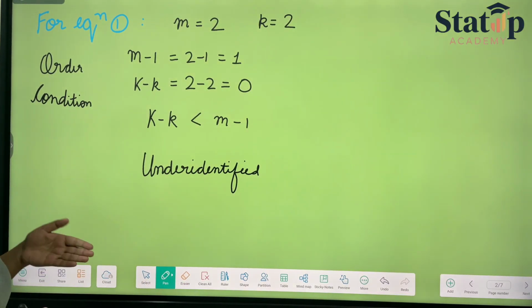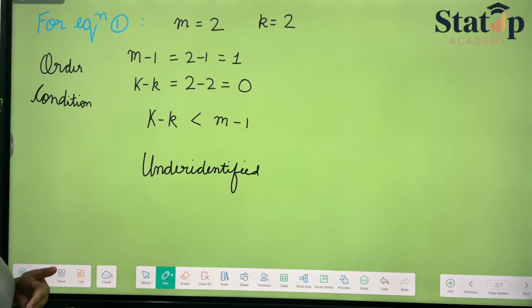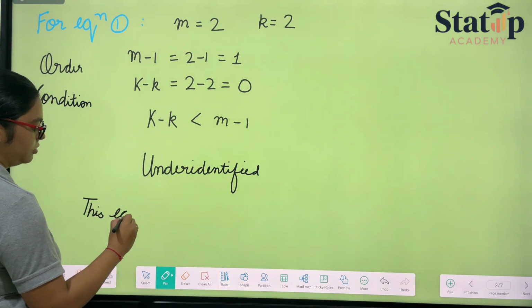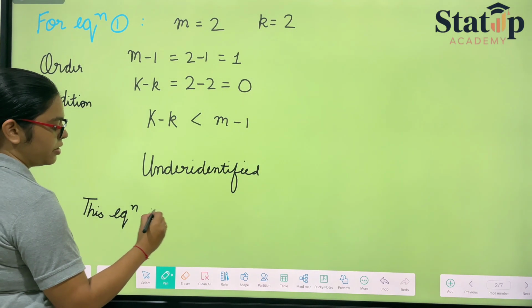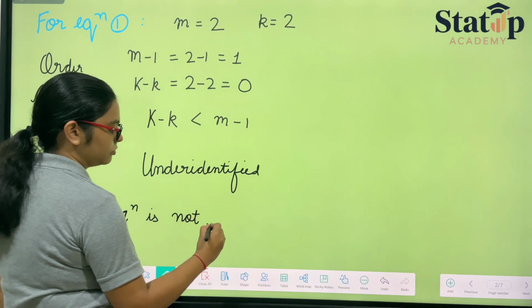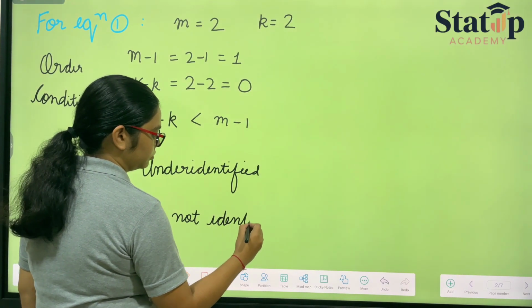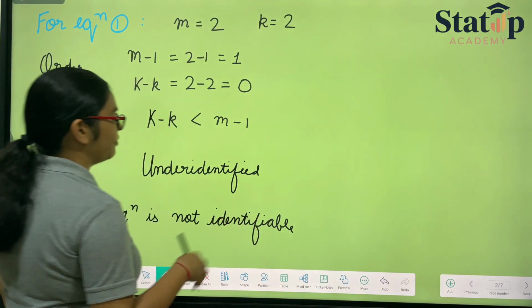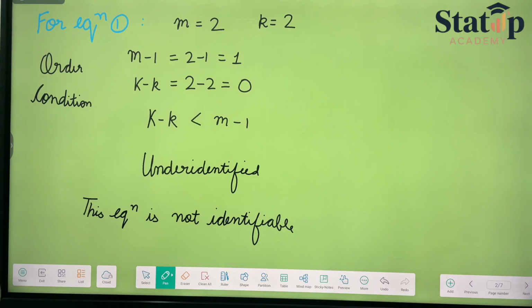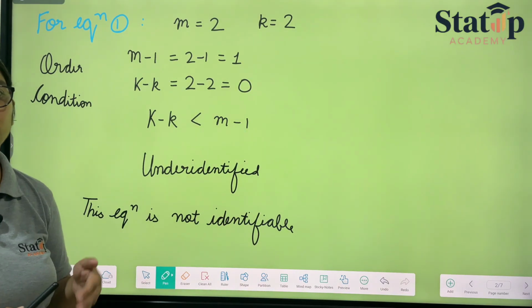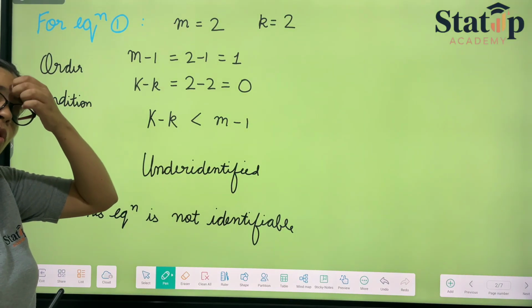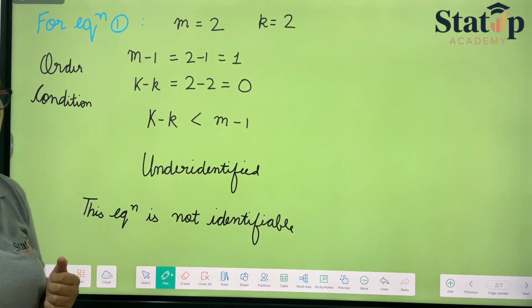When we get under identified, we do not move to the rank condition, and hence we can say this equation is not identifiable. If it would have been over identified or exactly identified, then we would have moved to the rank condition, and after that we would have calculated the rank of Q and all that which we have done in the previous class.